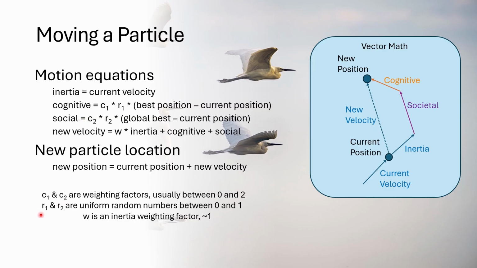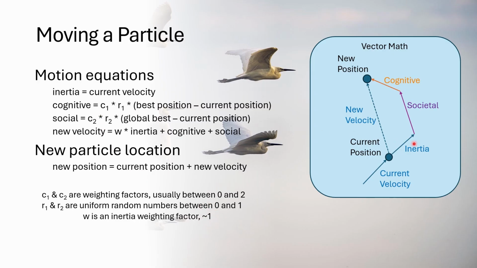And then we also have these random numbers, R1 and R2. They are uniformly distributed random numbers between the values of 0 and 1. A third component here is called W, and why they didn't call it C3, I don't know. But anyways, W is an inertia weighting factor related to that current velocity. Usually the value is around 1.